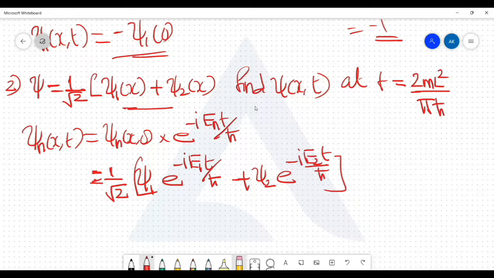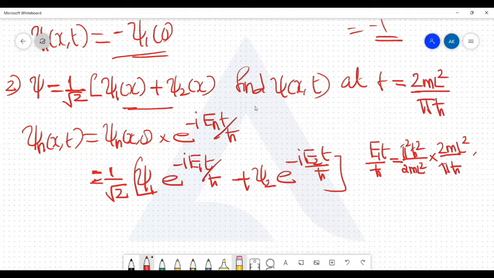Now do it independently. What is E1 t by h cross? E1 is pi square h cross square by 2m L square, into your t, which is 2m L square by pi h cross, into 1 by h cross. So this is simply pi, right? What is E2 t by h cross?